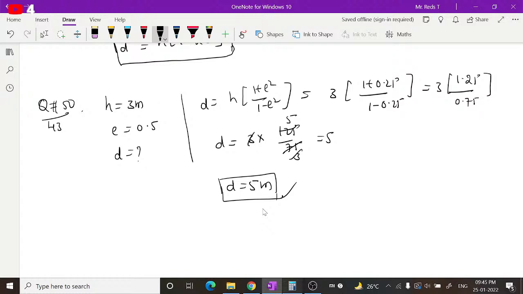So before it stops bouncing, before it comes to rest, it travels a distance of 5 meters.